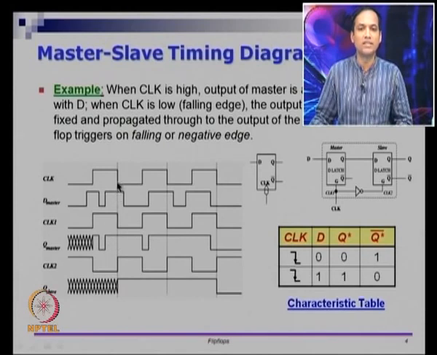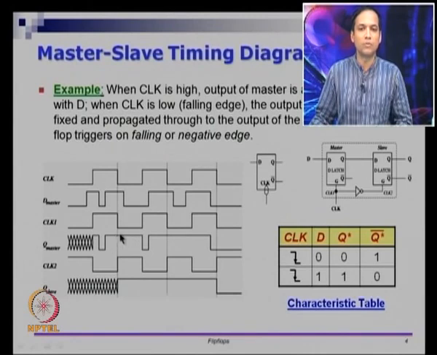And between this and this, CLK1 is off, right. Because CLK1 is off, this change in D will not change the Q master. If you see the clock CLK1 of the master here, this is off, which means the master latch is disabled. If the master latch is disabled, then change in D will not change the Q of the master, right.